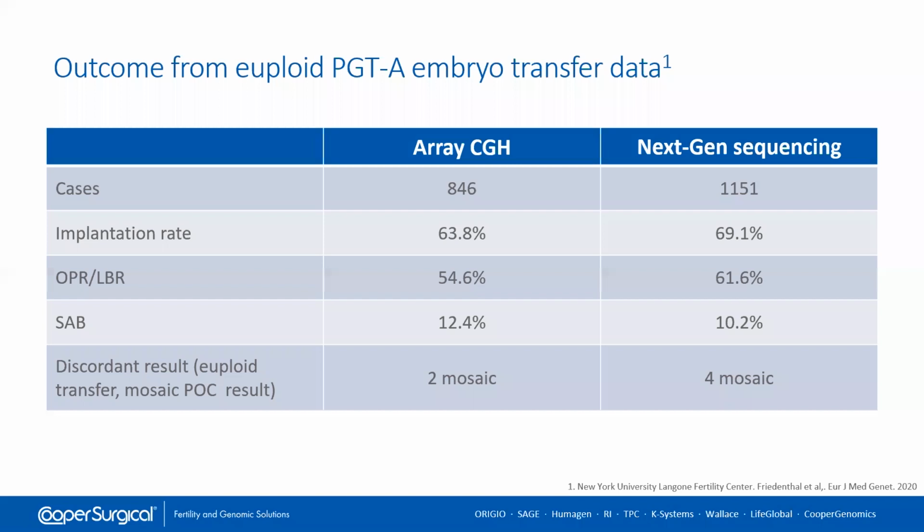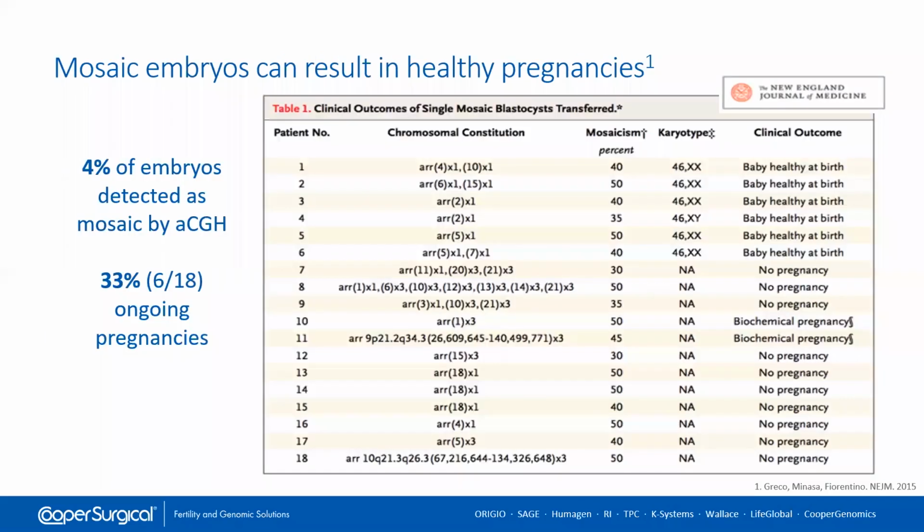So when they then transferred more likely true euploids, they saw an implantation rate increase, a decrease in miscarriage, so an increase in the ongoing pregnancy rate, and again, very few discordant results from product of conception. Again, showing that a euploid trophectoderm biopsy is highly likely to result in a euploid pregnancy. So if you like, this is your false negative. Again, showing how true that trophectoderm biopsy is if it's either black or white, euploid or aneuploid.